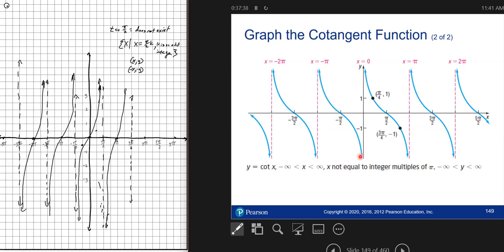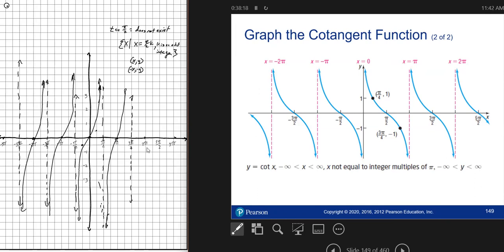Okay. And because it is a reciprocal, yeah, you're changing your x's and y's. Cotangent has a lot of the same properties.